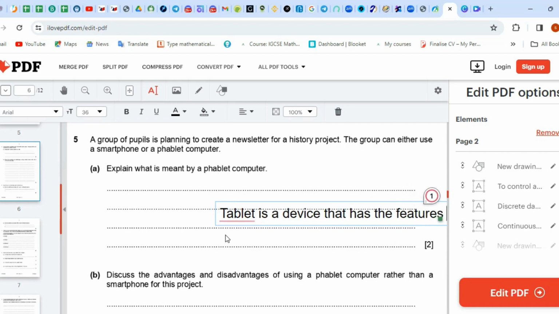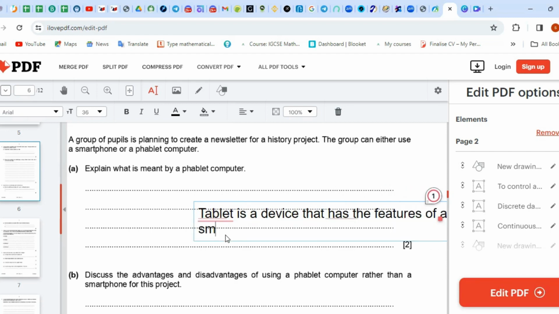So that is what we mean by a tablet. It's a device that has the features of a smartphone.